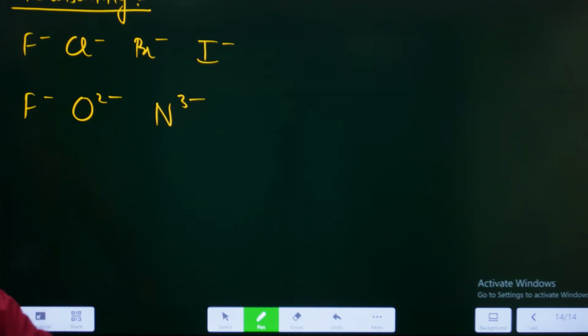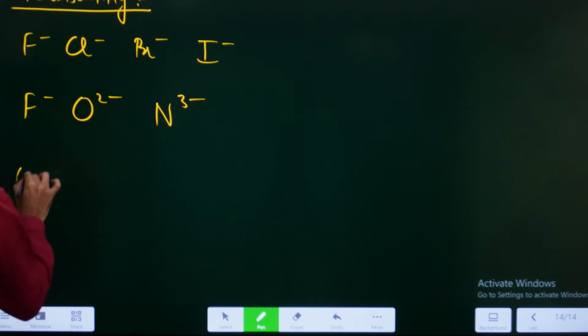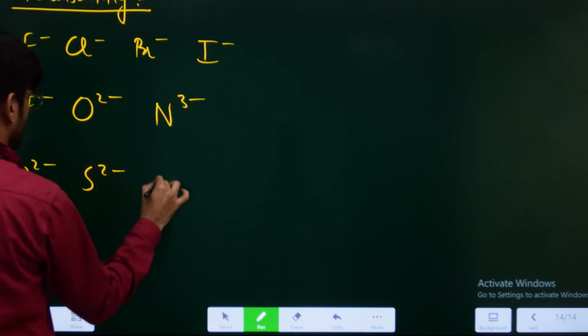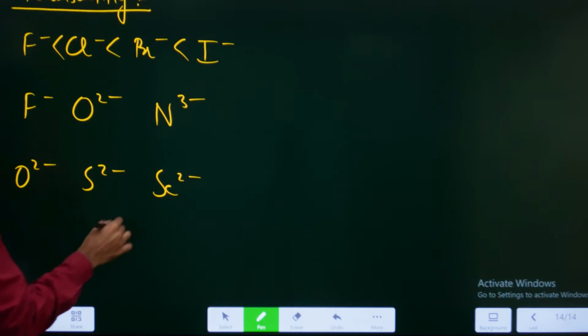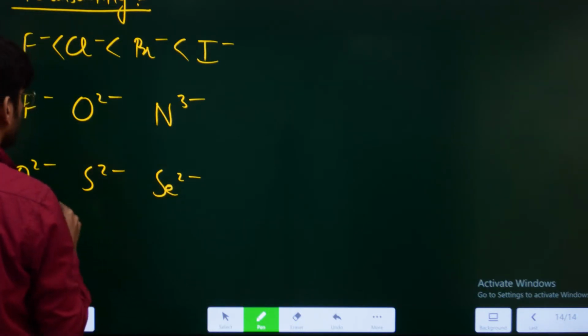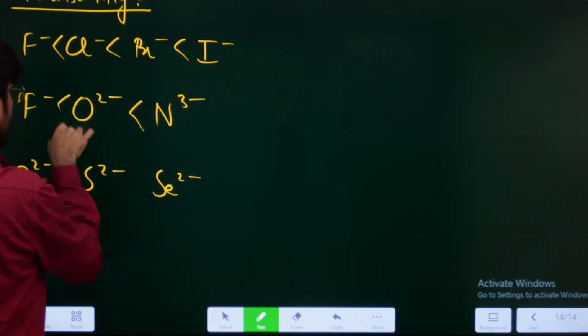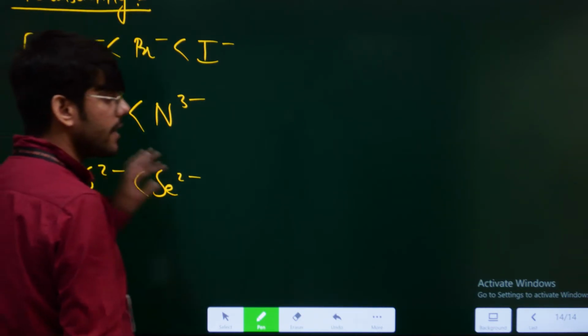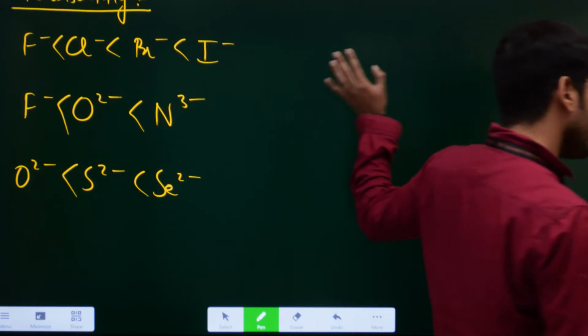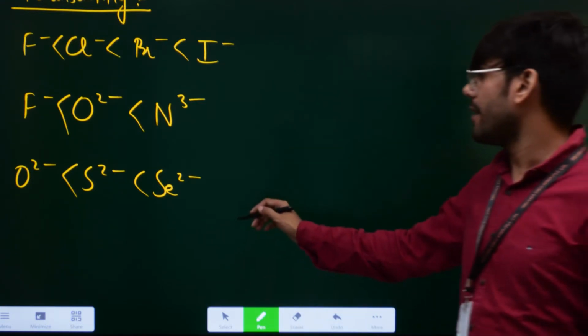Sir, iodine has the maximum, because the larger the size, the more. Okay. What about the second one? N3 negative, nitride, then oxide, then fluorine. What about this? Selenide, then sulfide, and then oxide. Tell me if this is clear.